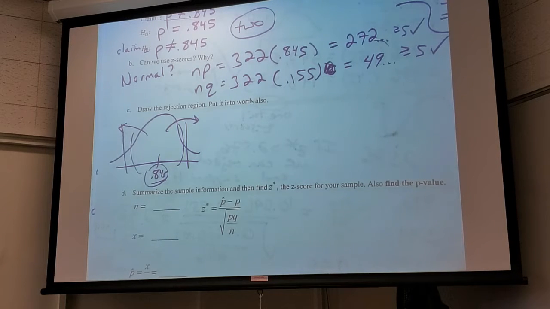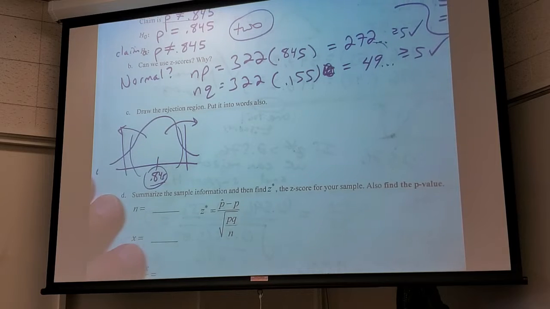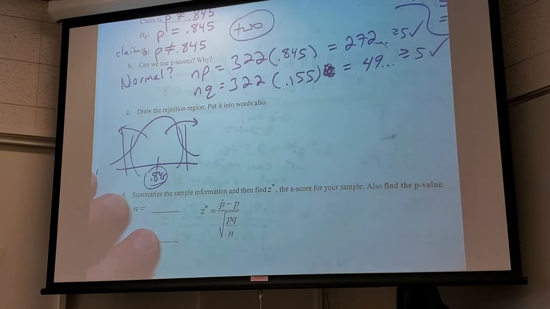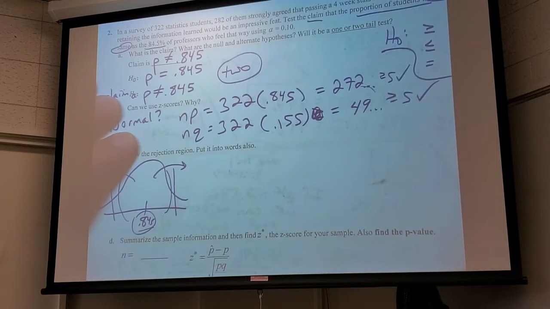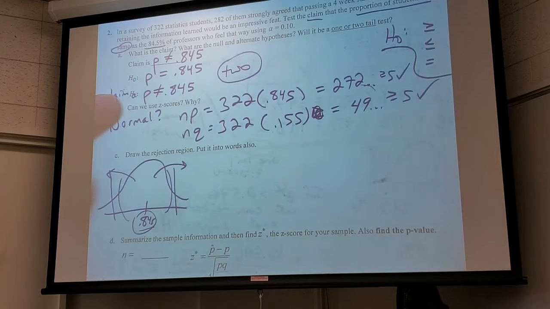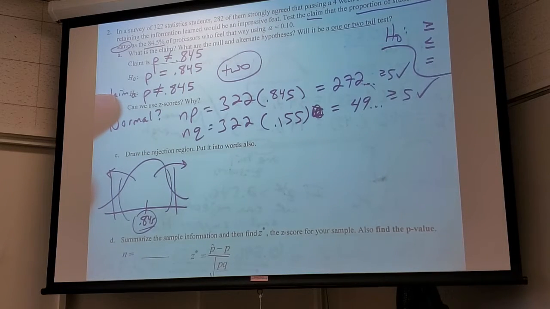So how do I figure out what those z-scores are defining my rejection region? What do I have to know? The z-score? Well, to figure out the z-score, what do I have to know? What the percentage outside is? Good.